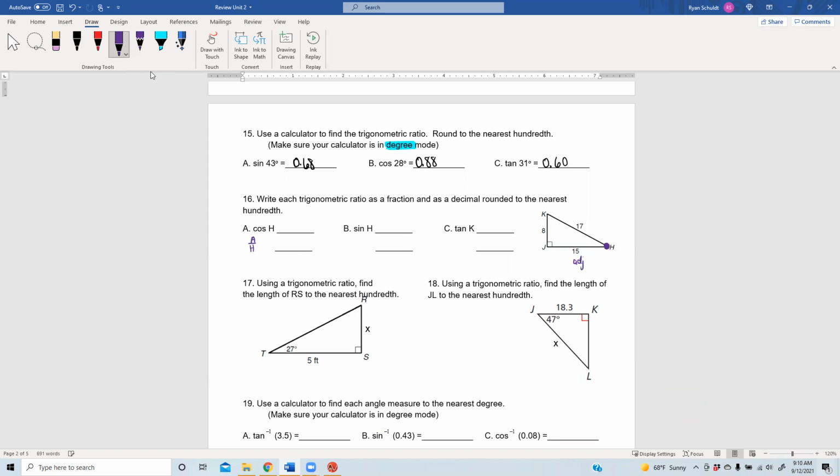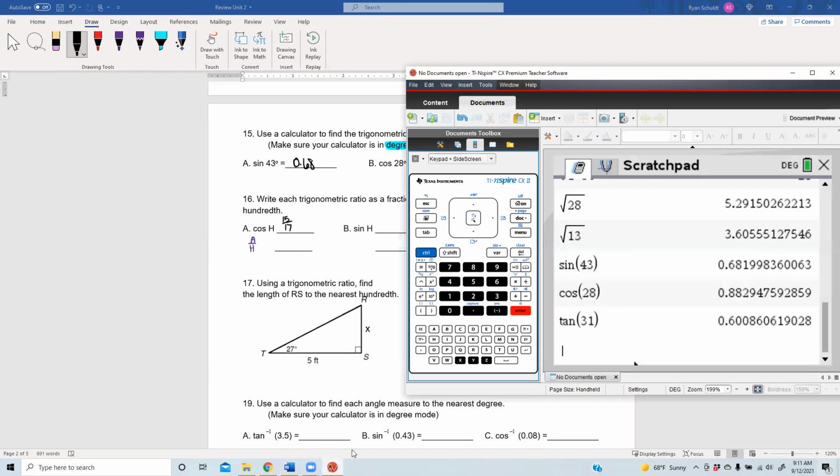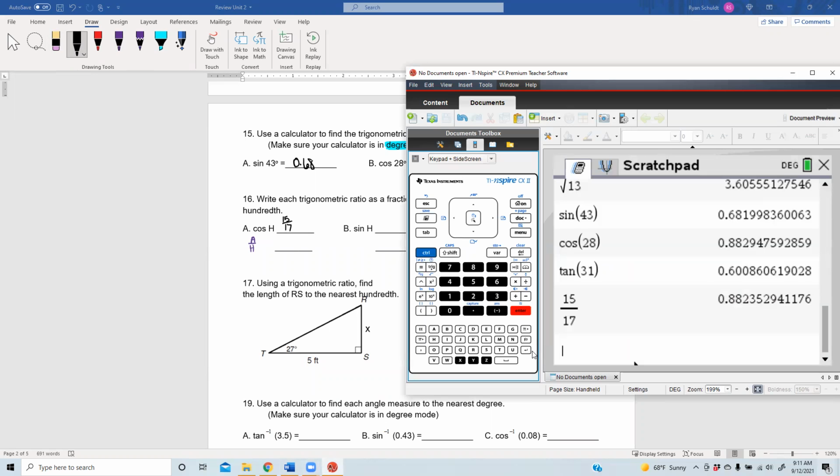That would be the 15. And then which one's your hypotenuse? 17. So this one would be 15 over 17. I'm just going to type that fraction in, not hit trig, just the fraction, and then control enter. It's going to be 0.88.